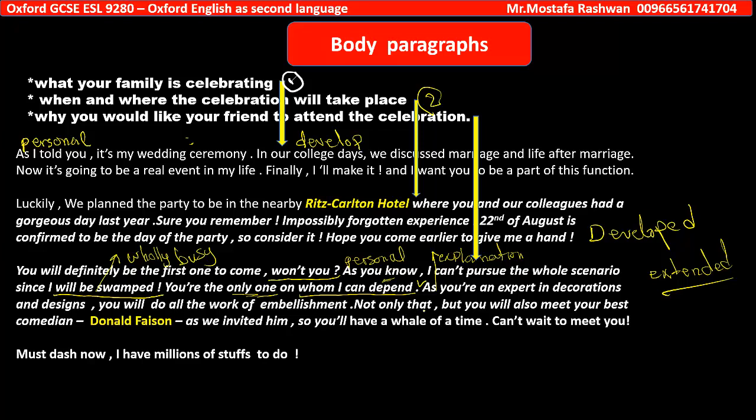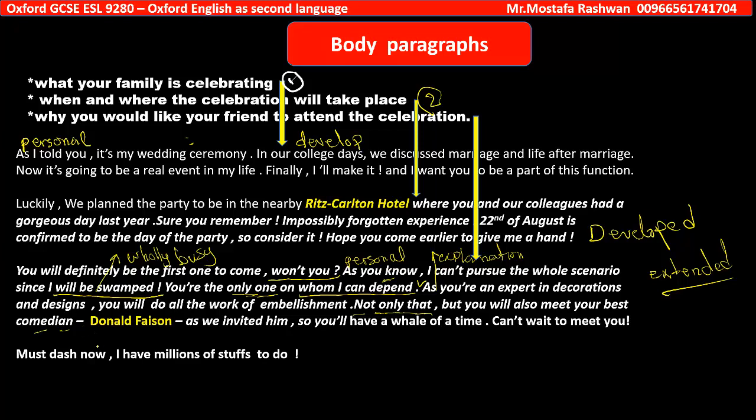Not only that, a good connective in an informal letter to link ideas, but you will also meet your best comedian, Donald Faison. This is the name of a comedian. It means my friend is interested in comedy and comedy actors.